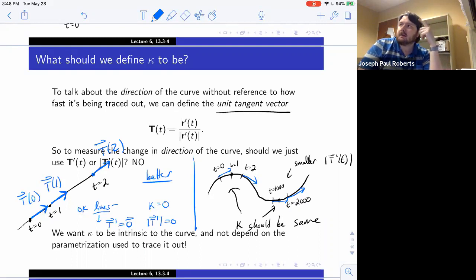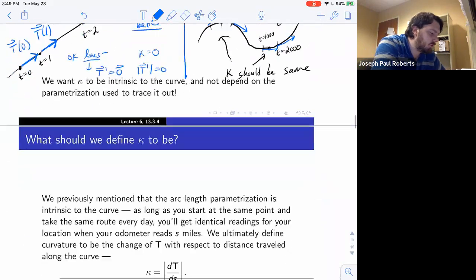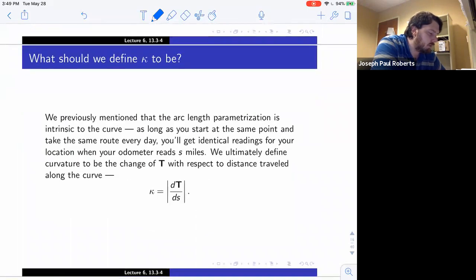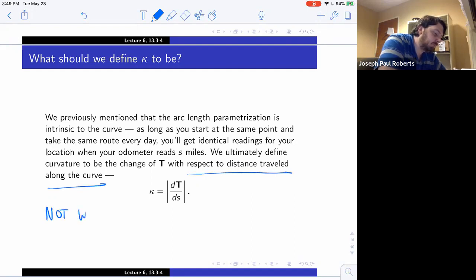If I asked you how curvy a road is, your answer shouldn't change based on how fast you went. There should be something more intrinsic about this idea of curvature. So essentially what we want to do is measure the change in direction with respect to distance traveled along the curve, not with respect to time.